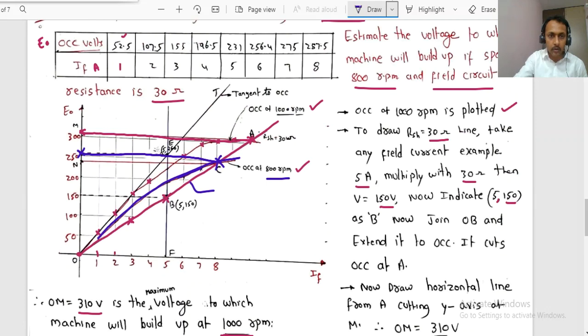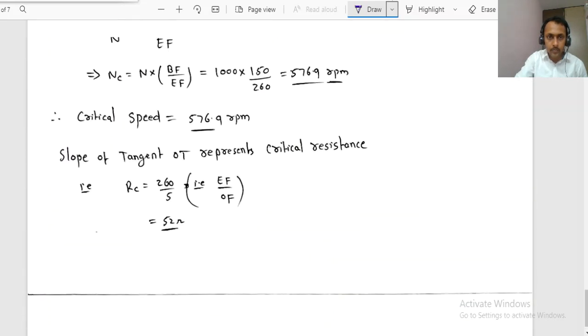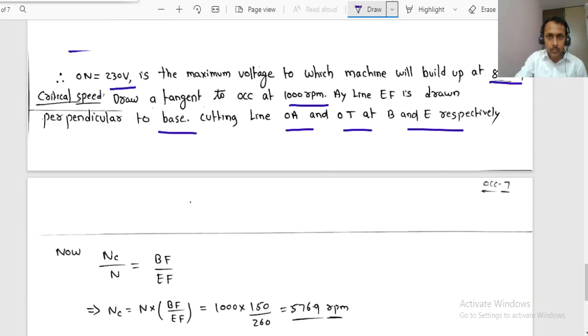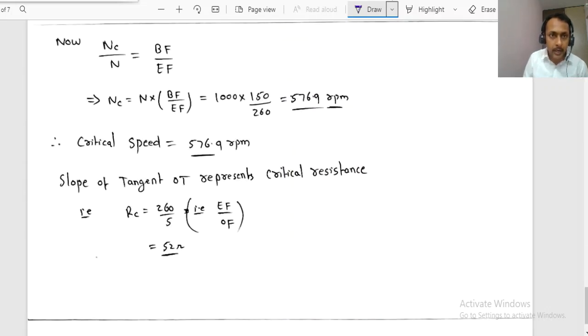A tangent is drawn. Now the critical speed is obtained by NC by N equals BF by EF. So NC equals N into BF by EF.